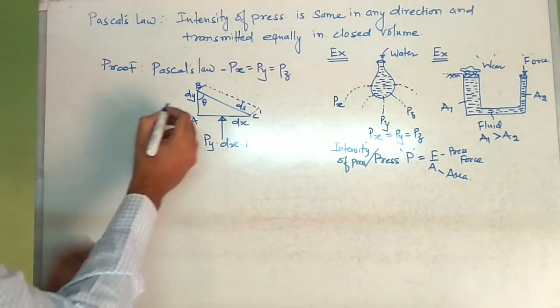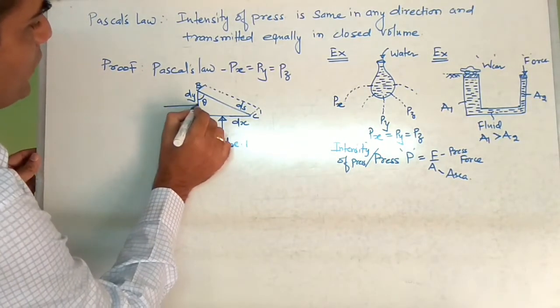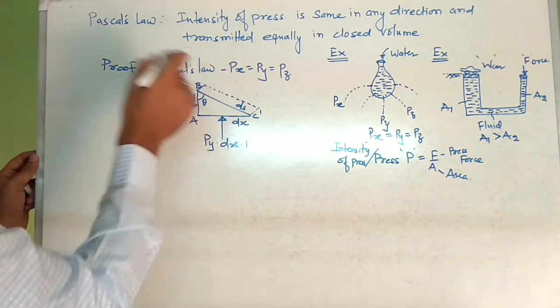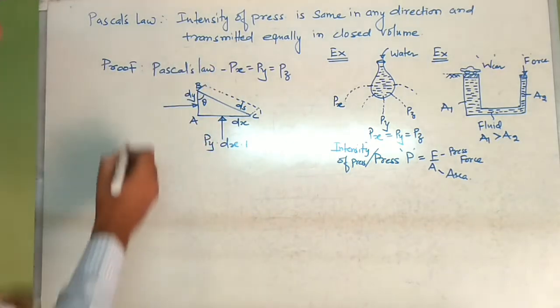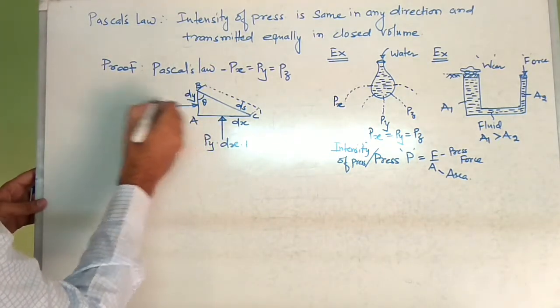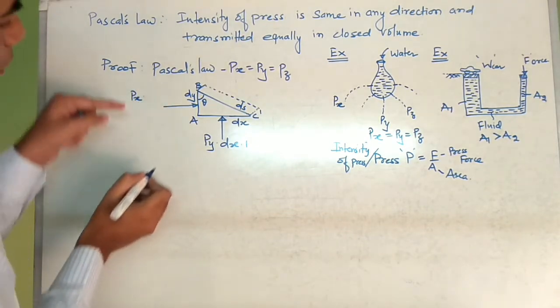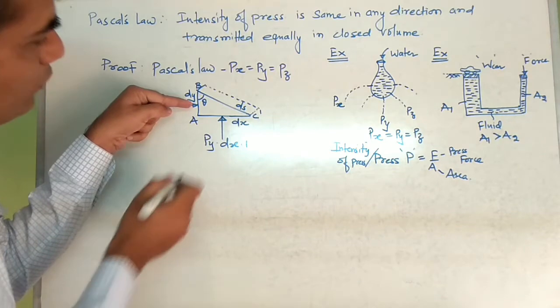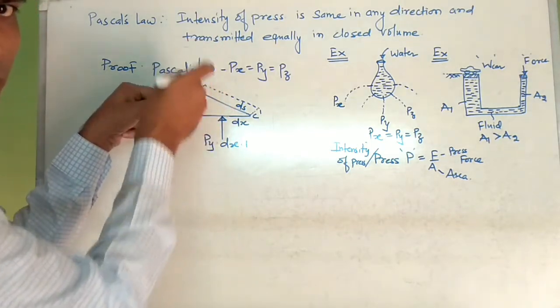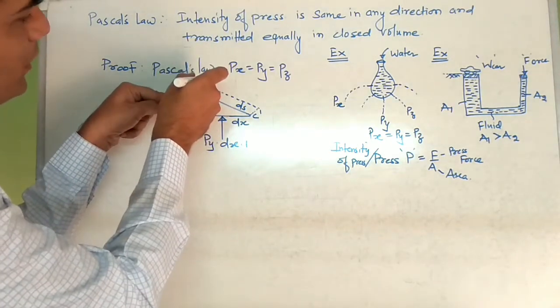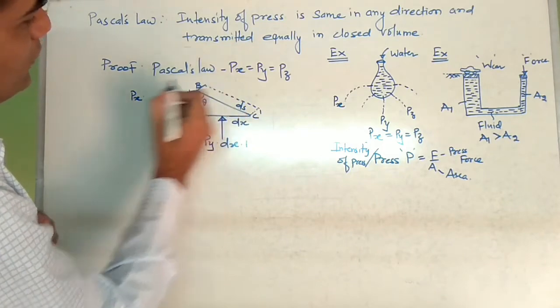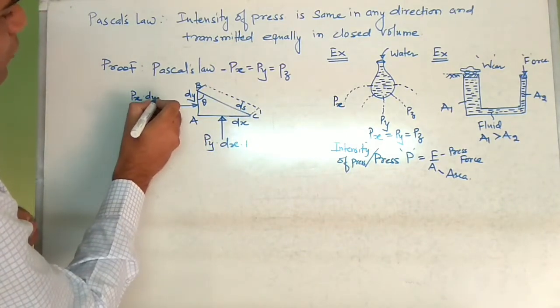In the same way, the pressure force acting on vertical dy: the pressure intensity in the horizontal direction is Px, multiplied by the area on which it acts, the vertical part dy, again multiplied by the unit width 1, so dy into 1.